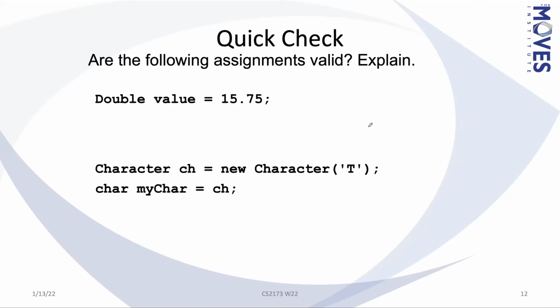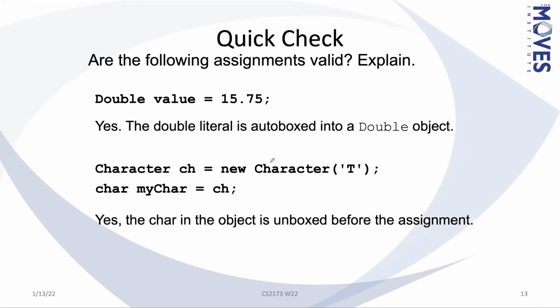So are these assignments valid? Here we have a Double wrapper, and we're assigning it to a primitive double. Or here's another one where we have a Character wrapper, and we assign it to a primitive char. Does that work? And the answer is yes. So under the hood, it will take this primitive and wrap it up into the value.